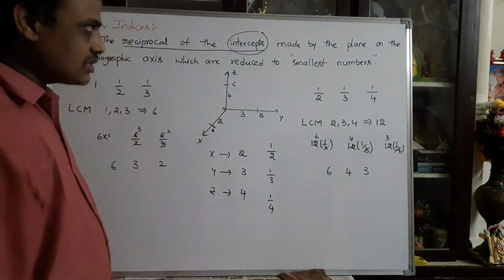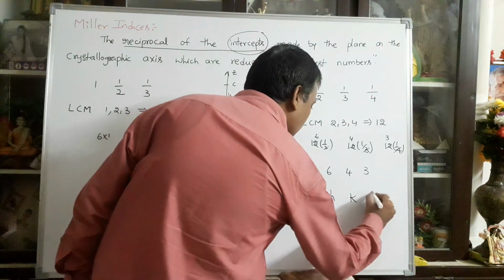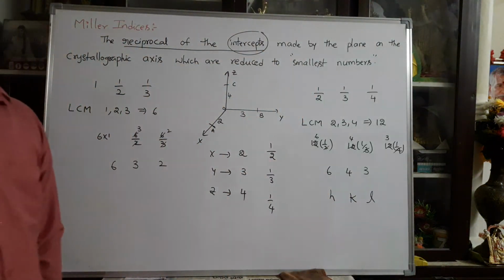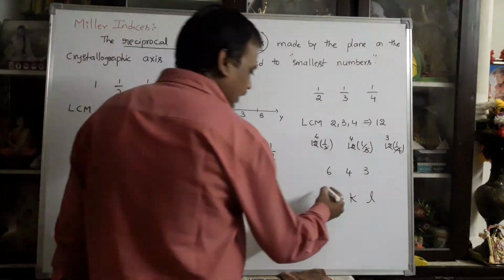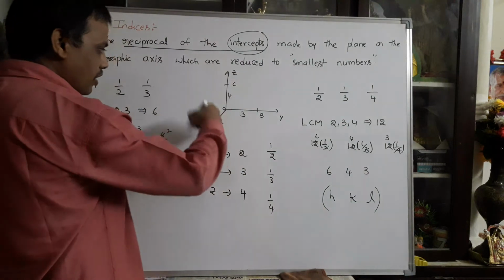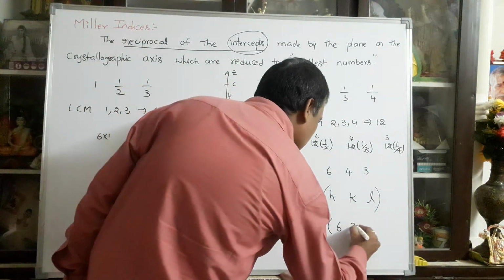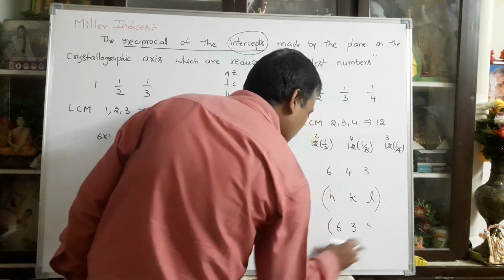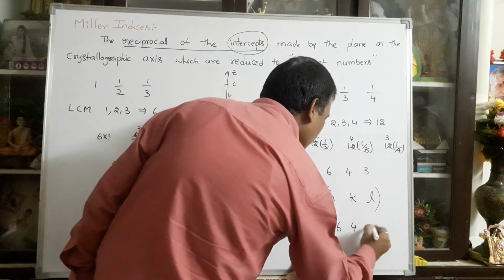These Miller indices are indicated by the letters H, K, L, and they must always be expressed in brackets. According to this diagram, the Miller indices are (6 4 3).